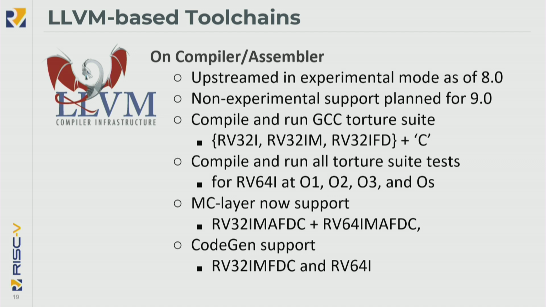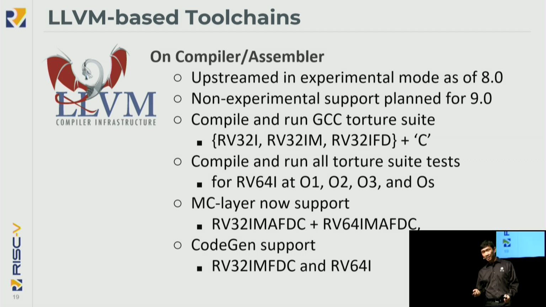Similarly, for 64-bit, they were able to pass the torture suite for RV64I for the different optimization flags. At the machine code layer itself, they're now able to support the following ISA.